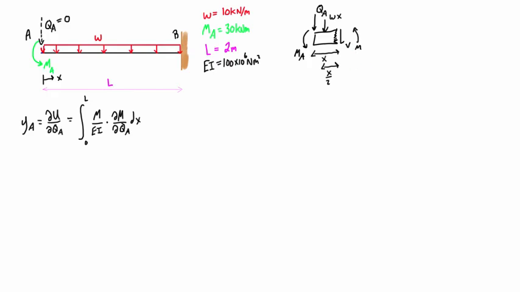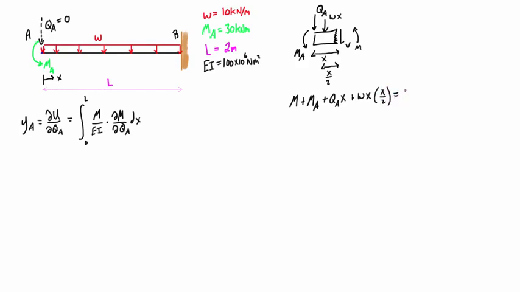Alright, so we can take the sum of moments about some point. Let's do the sum of moments right here. That's going to be the easiest calculation for us. So we'll start off with, we have M plus, what do we have? We have Ma. These are all going to be going in a counterclockwise sense around this point. So plus QA times x plus Wx times x over 2.